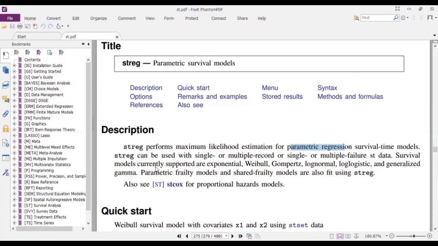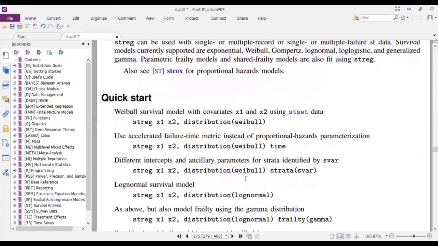Now, there are a number of survival models, or parametric regression models, that can be run. We have the exponential, we have the Weibull, we have the log normal, log logistic, and so many others. You may want to take your time and read through this document so as to acquaint yourself with them.